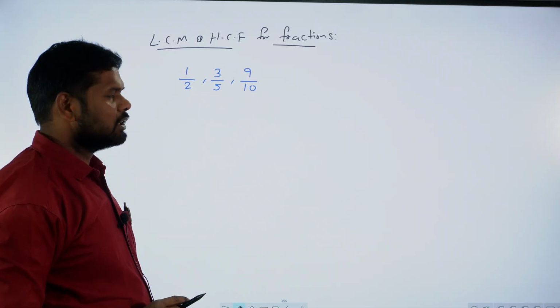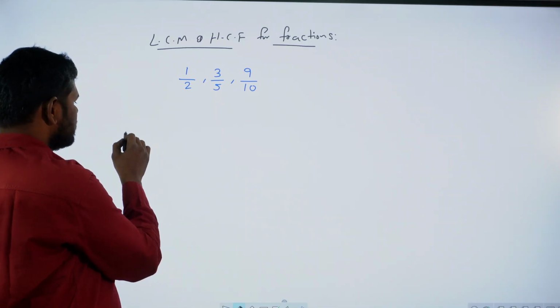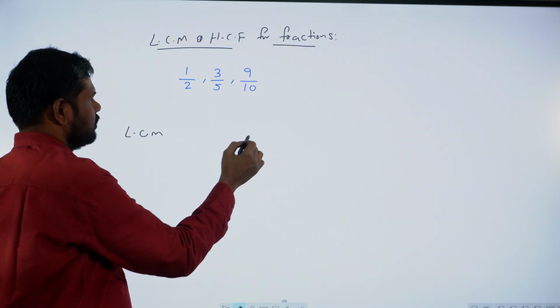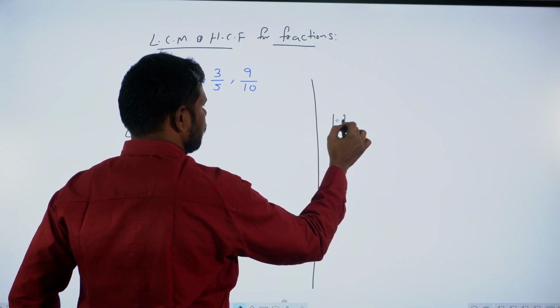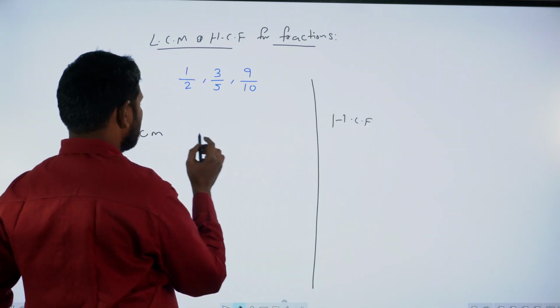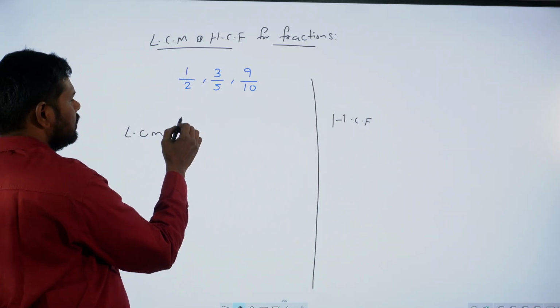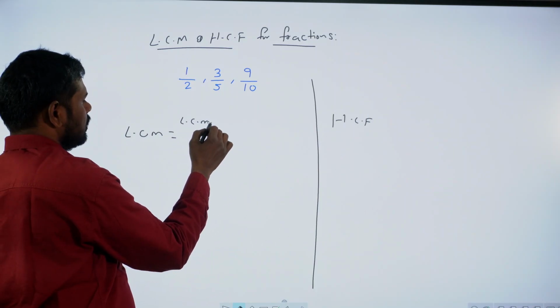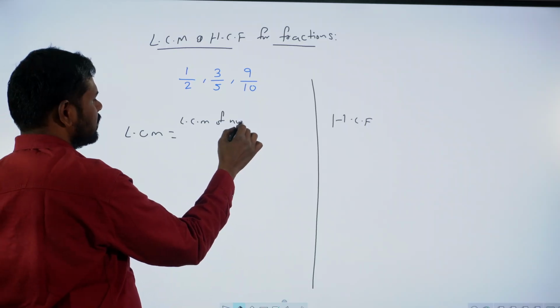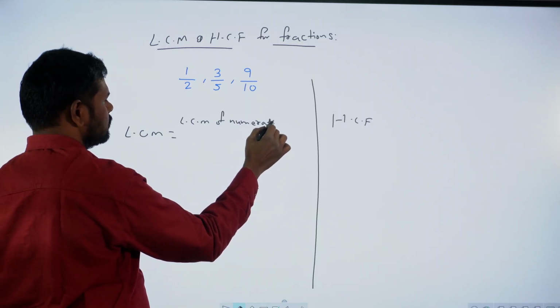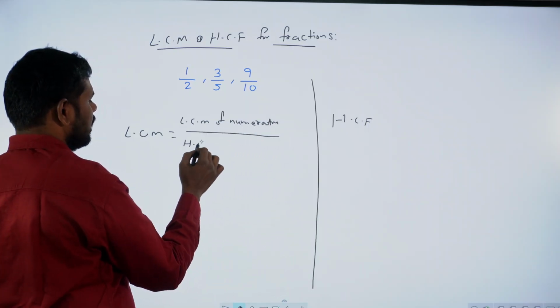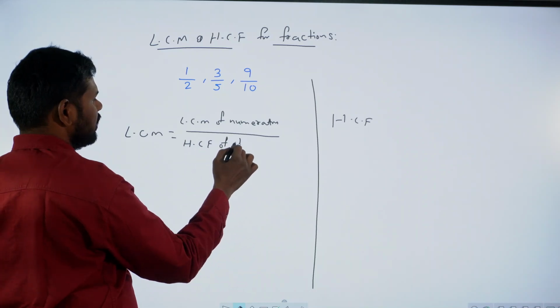These are the three fractions. For fractions, LCM means the LCM of numerators divided by the HCF of denominators.